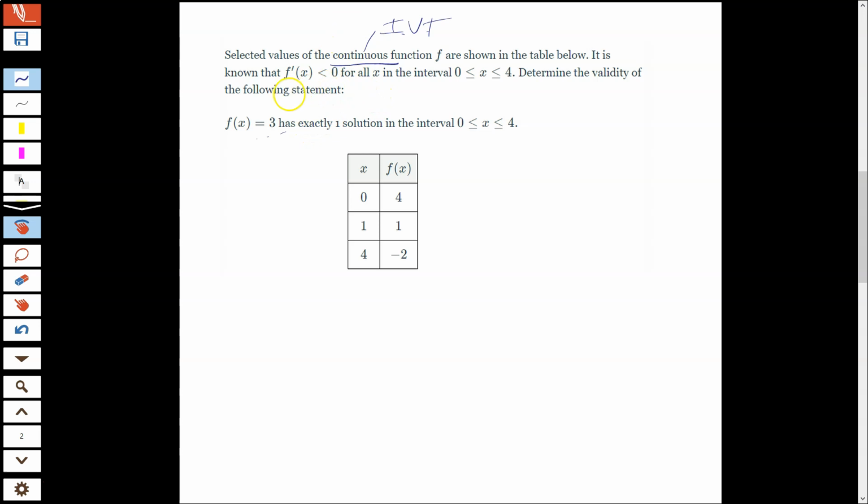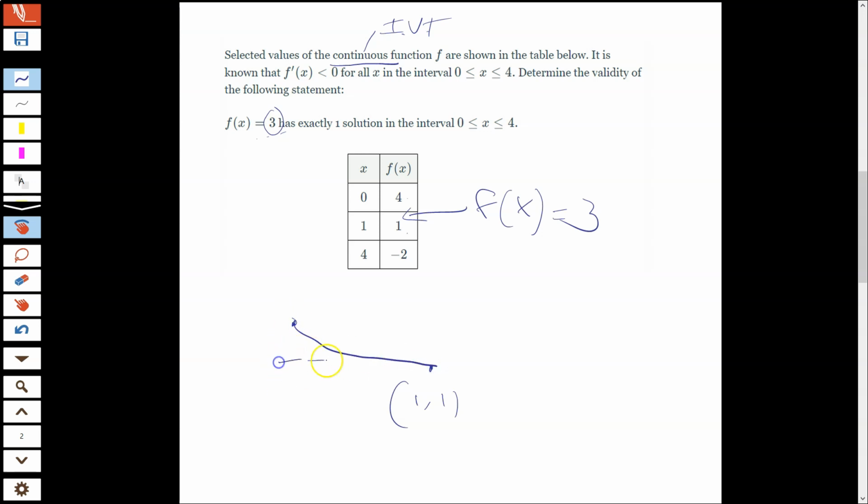Okay, so what we're looking for is whether this value of f of x is between two values of f of x in the table. And obviously, f of x equals 3 would be here, right? Because 3 is between 1 and 4, and if the function is continuous, that would mean we'd have this point 1, 1, and this point 0, 4. 0, 4 should be up here, right?